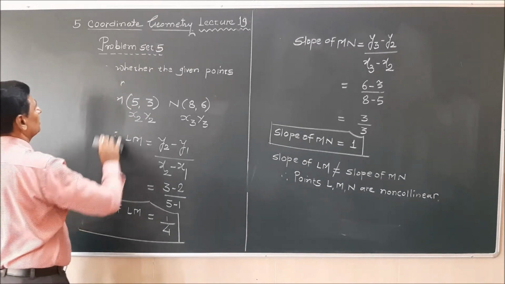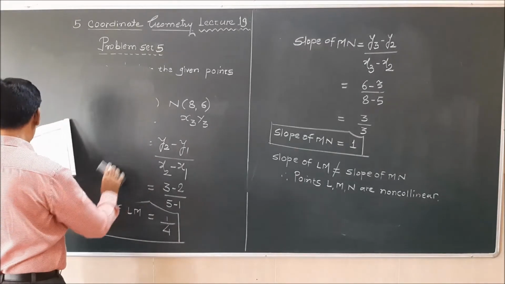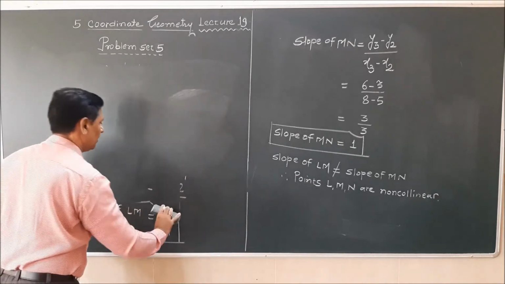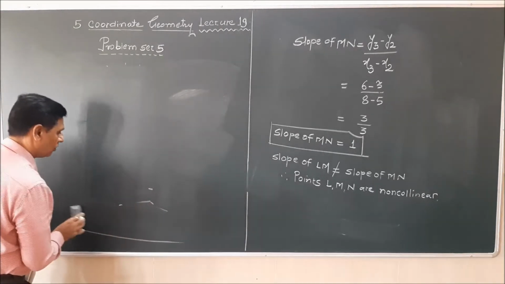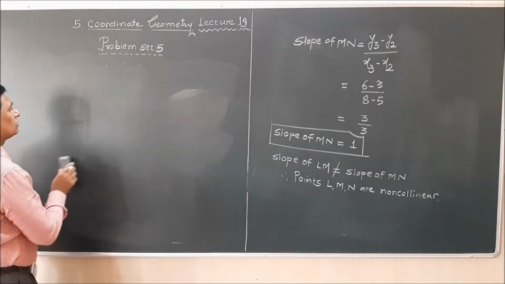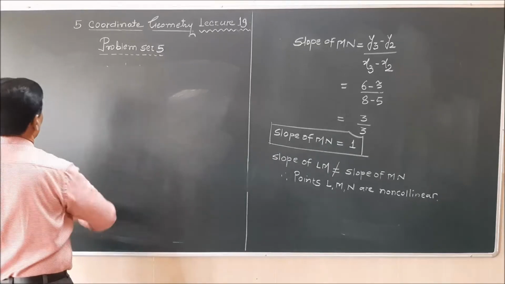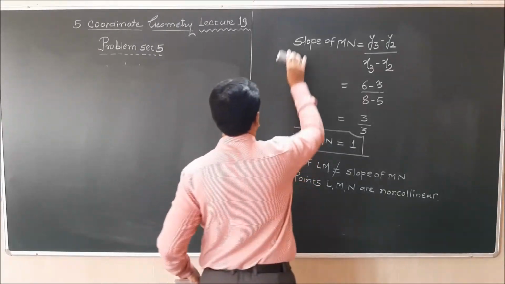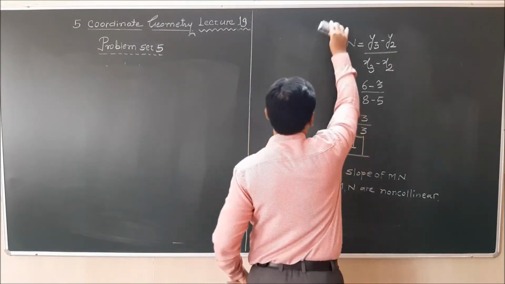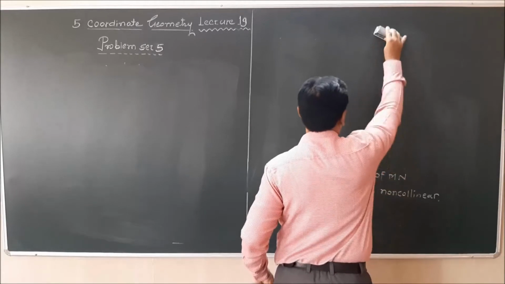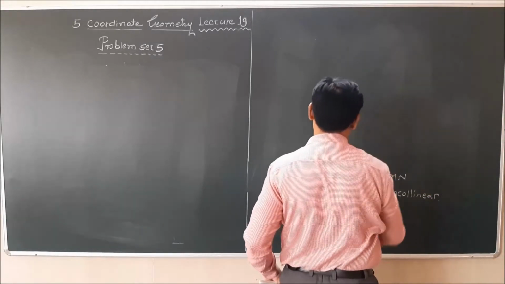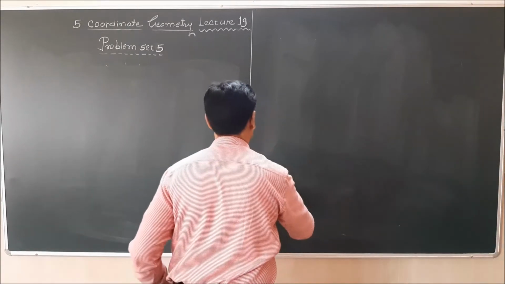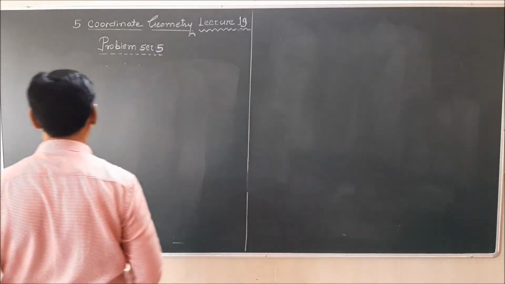In question number 3, they have asked us to find the coordinates of the midpoint, and we know the midpoint formula: x1 plus x2 upon 2. We always use the midpoint formula as x1 plus x2 upon 2.